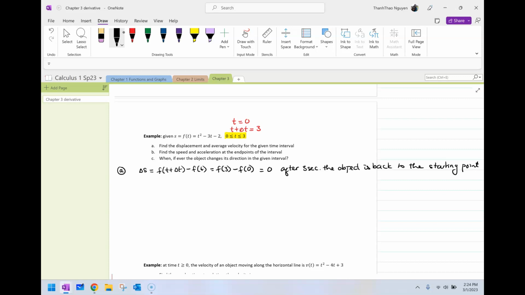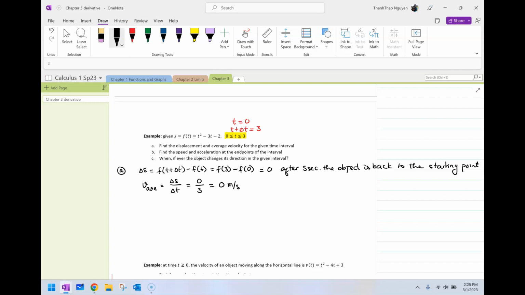The average velocity is equal to delta s divided by delta t. Delta s equals 0, delta t equals 3. So the average velocity here is 0 meters per second.